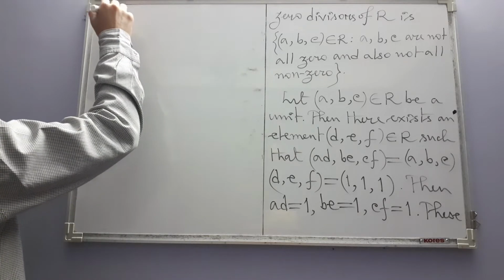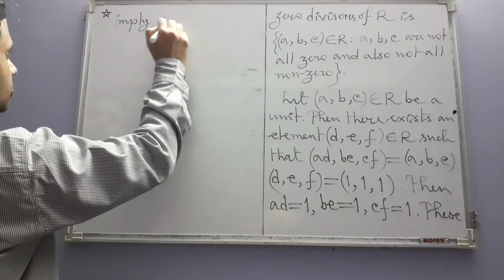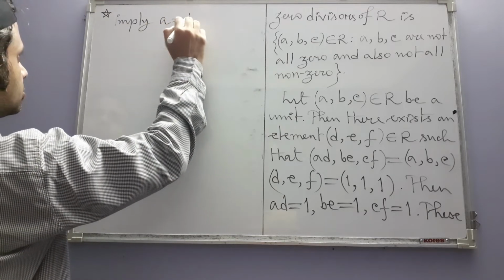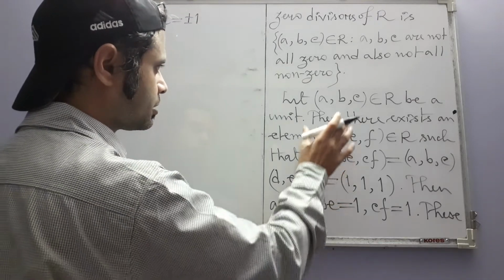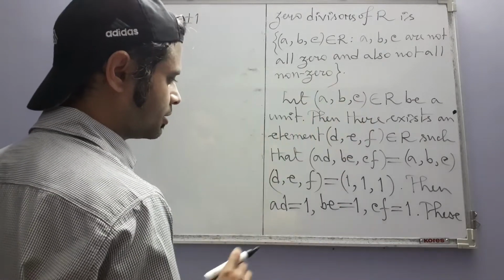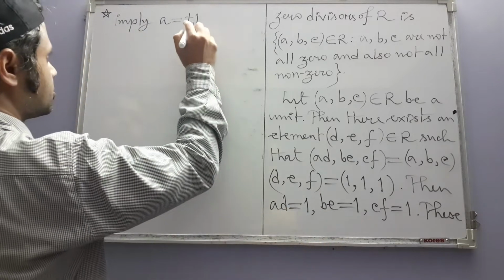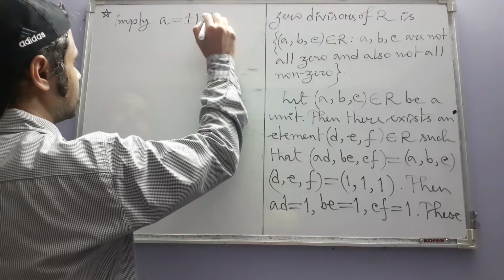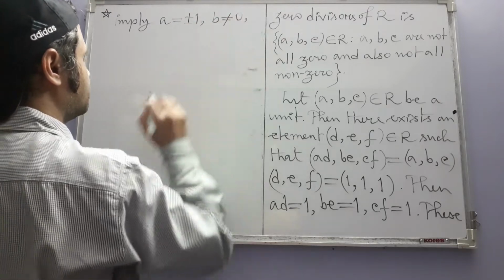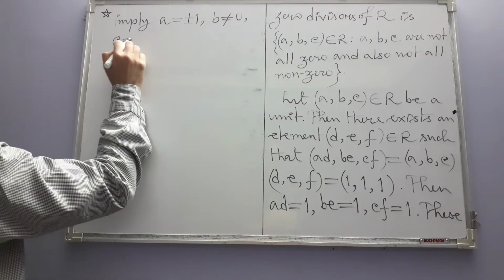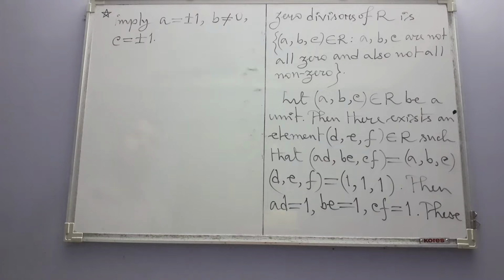This implies, we mainly need to say something about the original elements, so we don't bother to say what D, E and F are. So A is plus or minus 1, B is simply non-zero, and C is again plus or minus 1.